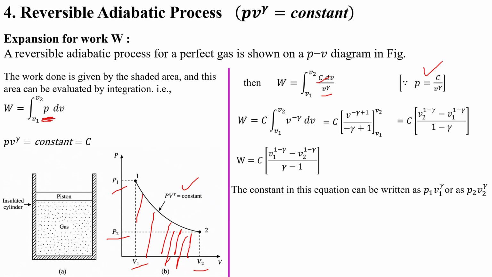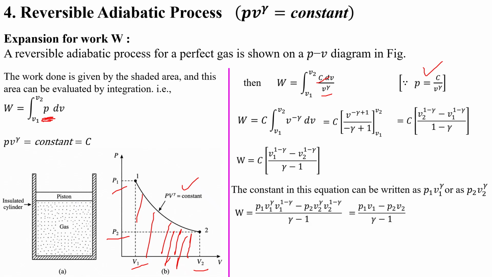So the constant in this equation: we know PV power gamma equals the constant C, which we can rewrite as P1 V1 power gamma equals C, which equals P2 V2 power gamma. So the constant in this equation can be written as P1 V1 power gamma or P2 V2 power gamma.